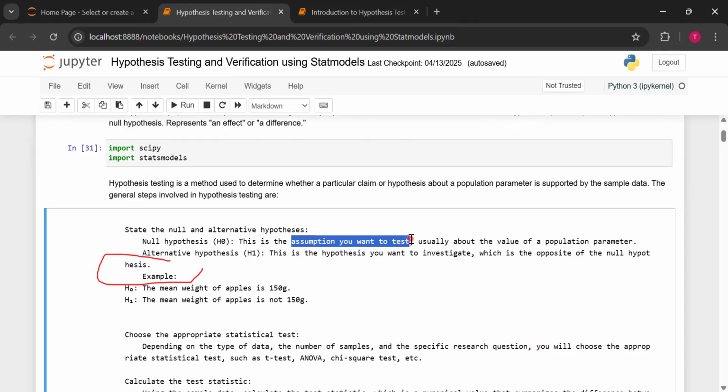Because we collect our data to either prove that what we already believe is or is not true, right? And what we believe is basically the null, which is usually about the population. Then the alternative investigates the opposite of the null. For instance, if we say the mean weight of apples is 500 kg, then the alternative will be that it is different from 500 kg.